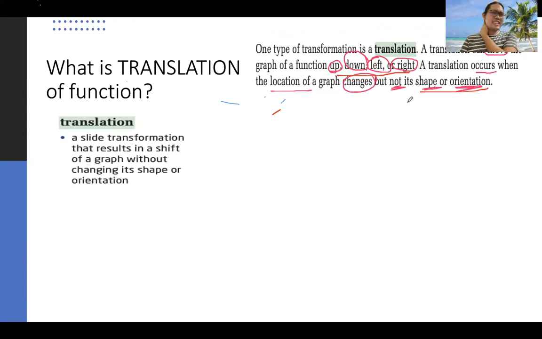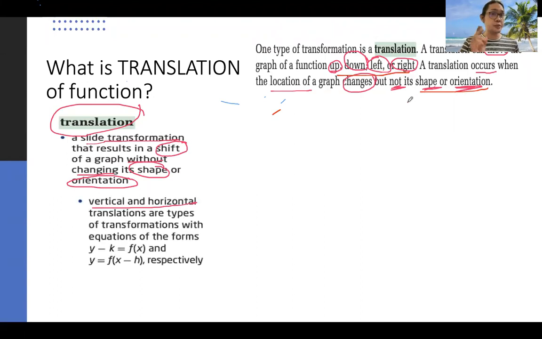Next, a translation is a slide transformation that results in a shift of a graph without changing its shape or orientation. So I want you to remember that one. Let's continue. There are two types of translation that we have to consider: vertical and horizontal translation.